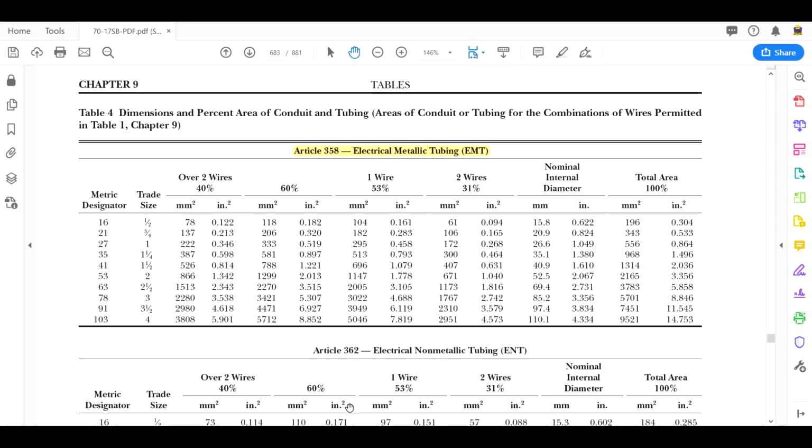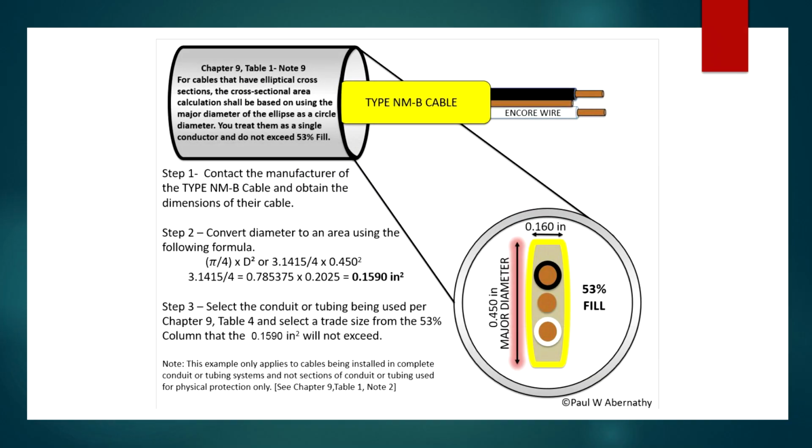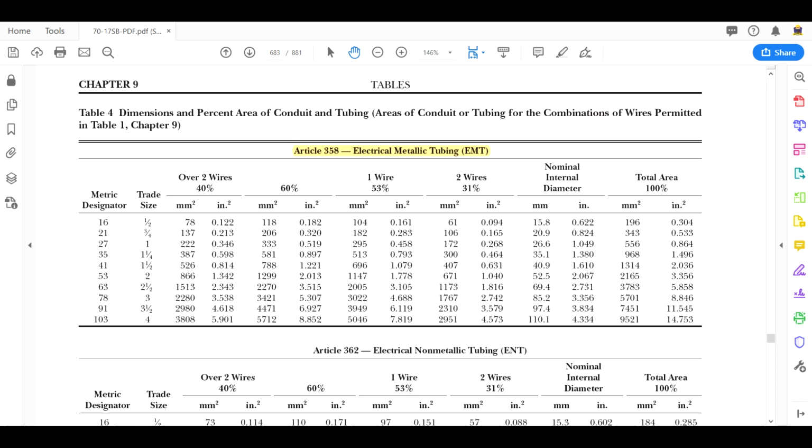So here, we know that our value is 0.1590. I go down here, and I can't use 0.122, but here it says 0.213. So 0.213 is okay.